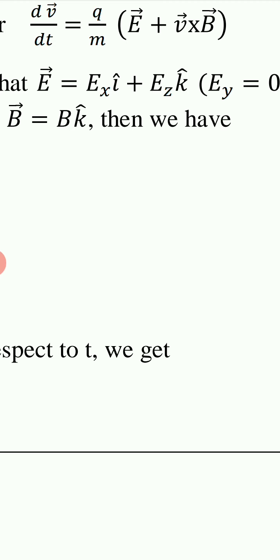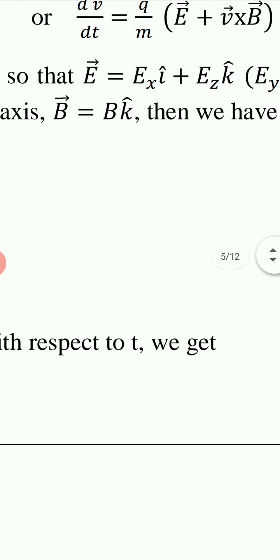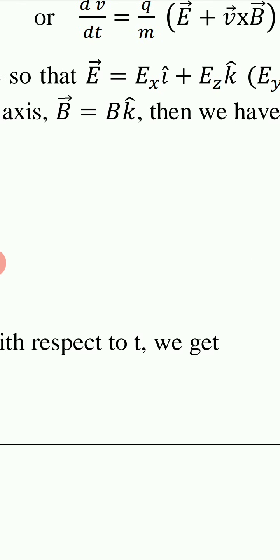The x component is Ex, for this we write i cap, the unit vector along the direction of the x axis, and the z component is Ez, with it we write k cap, the unit vector along the direction of the z axis.